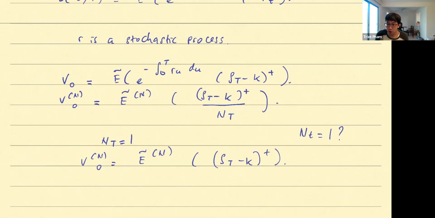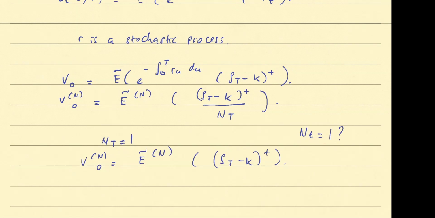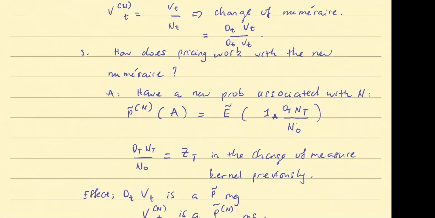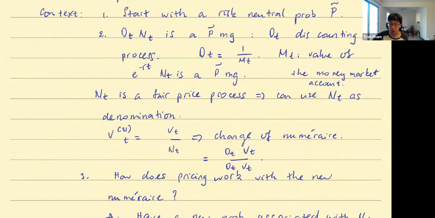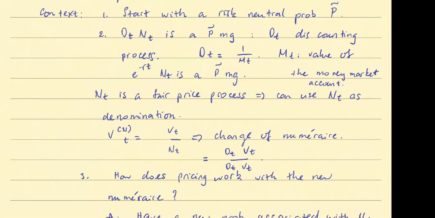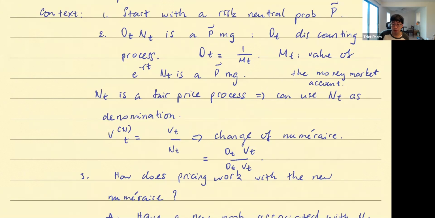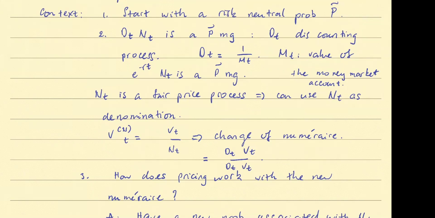What is the number one requirement for something to be a numeraire? What is the number one requirement for something to qualify as a numeraire? The number one requirement is a fair price process. Okay, the price process needs to be a martingale.